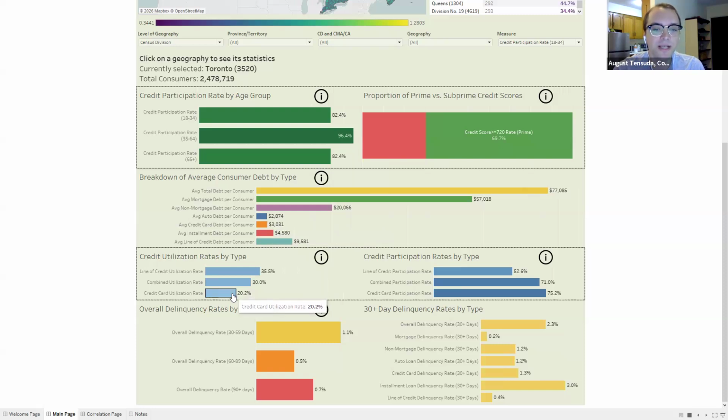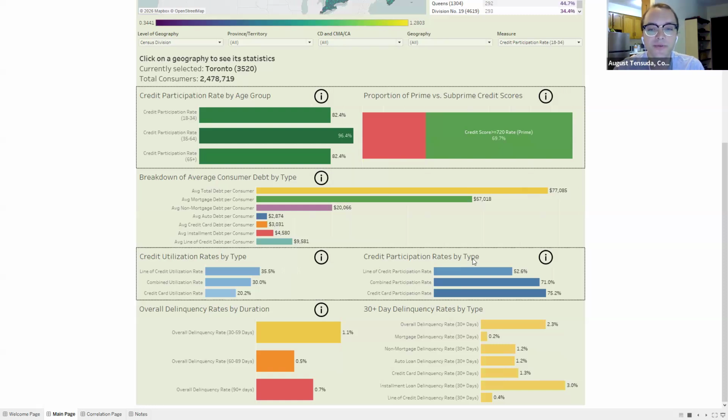That would suggest these people have a limit of like $12,000 on average if they're only using 20% and they have $3,000. But that's just a little napkin math. You can do that to get the average limit, but it's not very accurate.